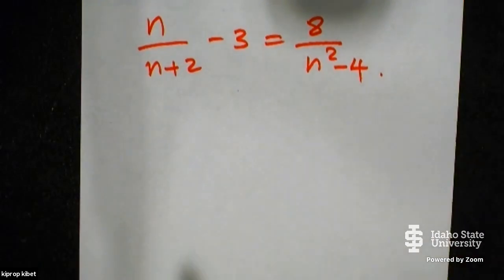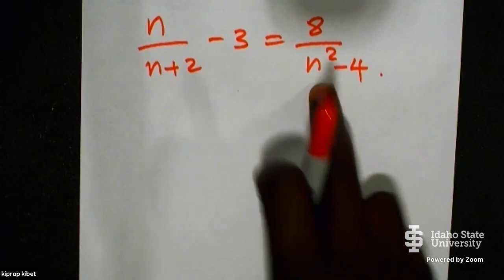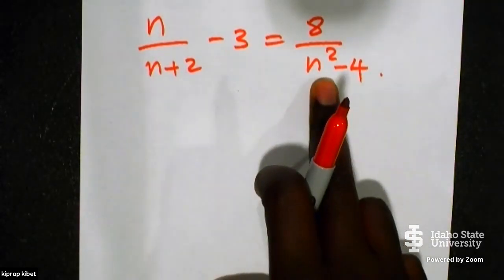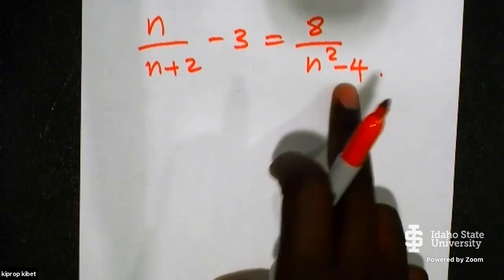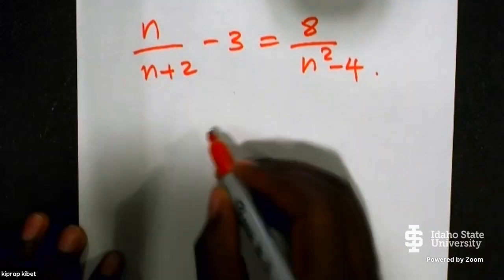Okay, so we need to look for the LCM for all of it so that we can multiply by it to remove the denominator. So here, I can see this as what? Yeah, so difference of squares, right?